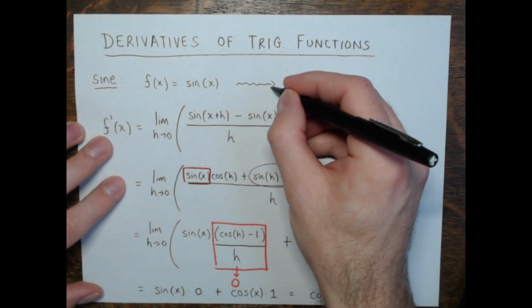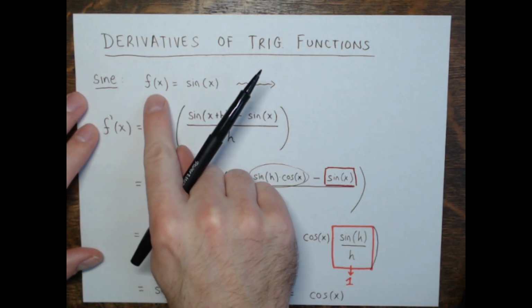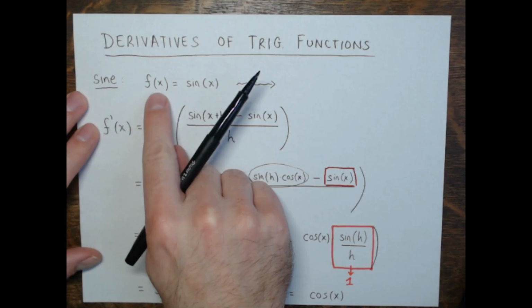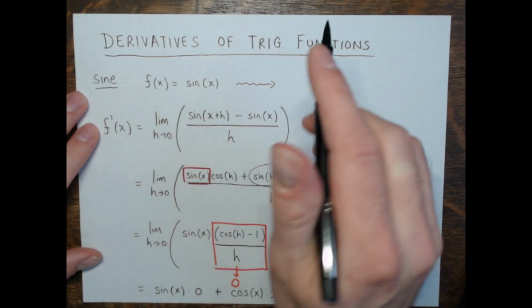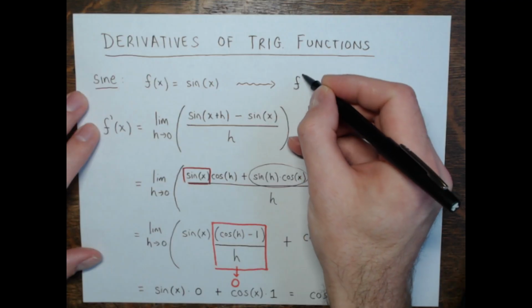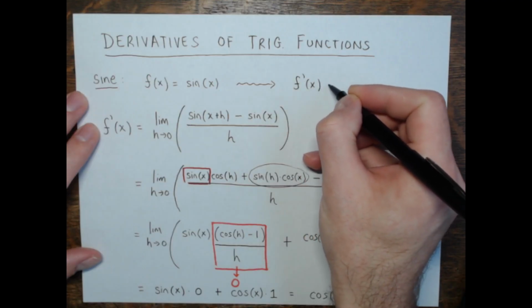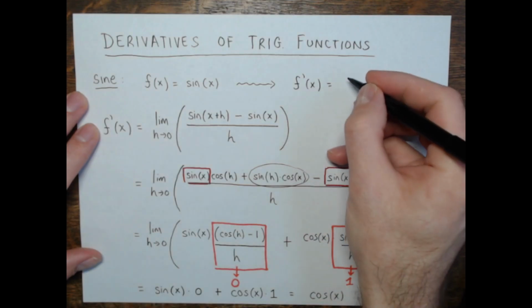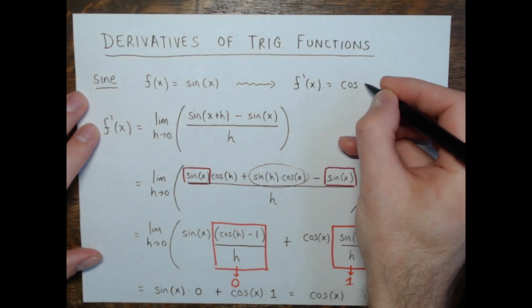All right, so I'll box this in. That's a nice result: the derivative of the sine function. So f prime here is the cosine function. How nice is that?